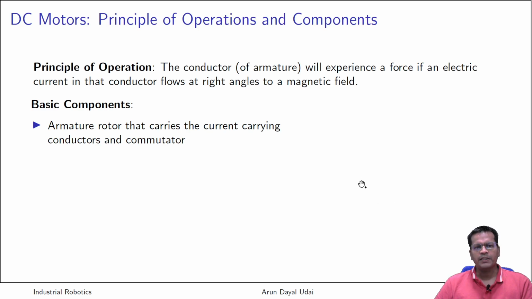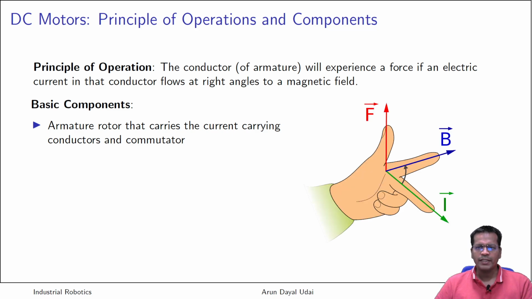Okay, what is the basic principle of operation? Let me recall Fleming's left hand rule that you might have gone through in your school days. What it says is, if you have a conductor which is carrying current, the central finger denotes current, denoted here with I in green color. And you have a field which is denoted by the forefinger, that is B, blue in color over here.